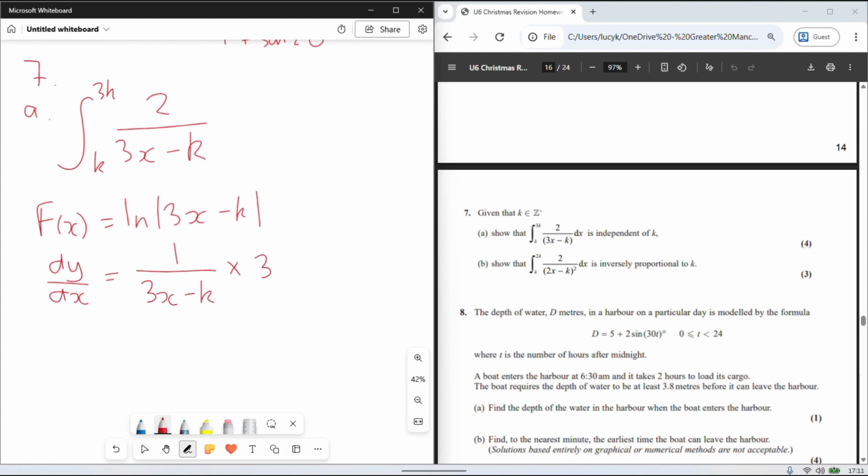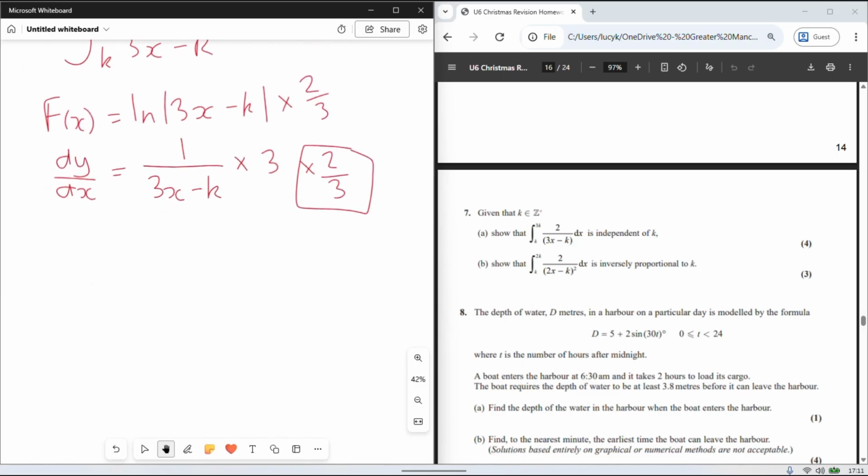So here I have 3 over 3x minus k. I should have 2. So if we remember, we need to know what needs to change. I'm going to have to times by a 2 and divide by a 3. So I need to do the same thing here. I would have to times by 2 and divide by 3.